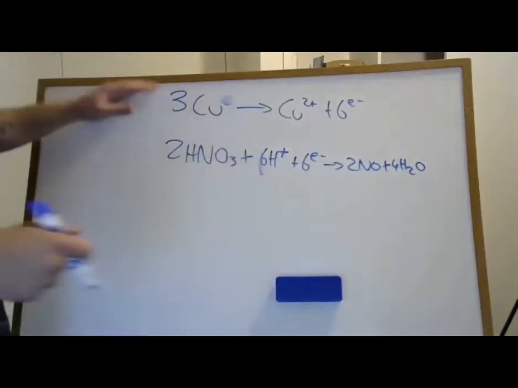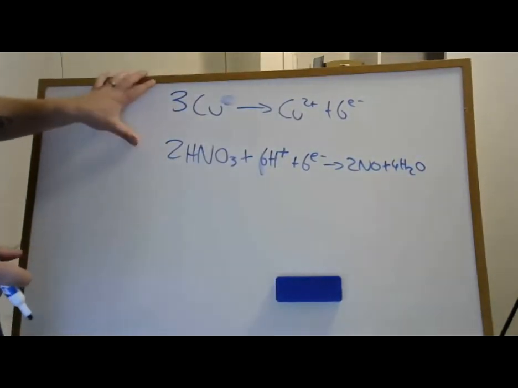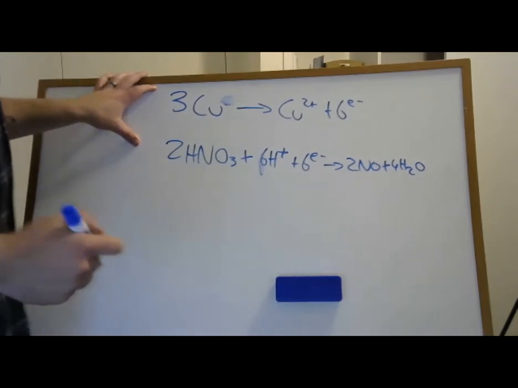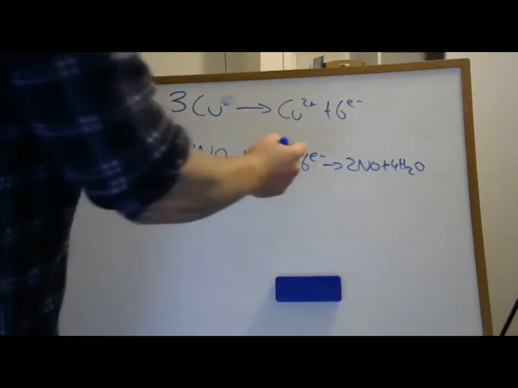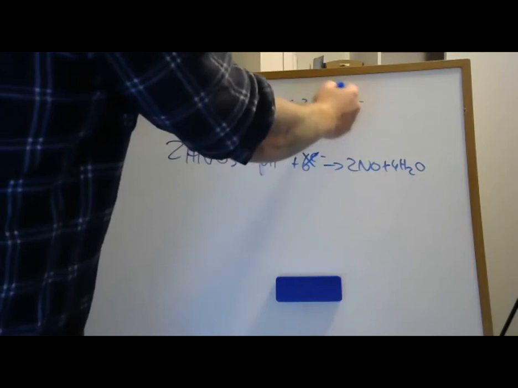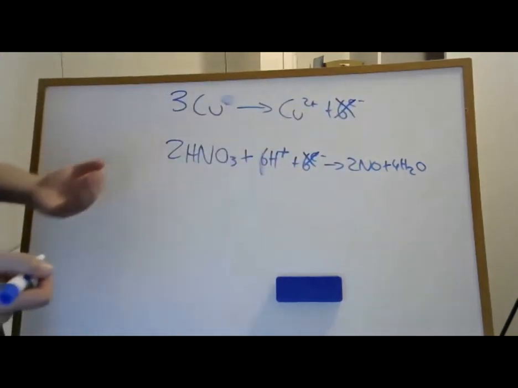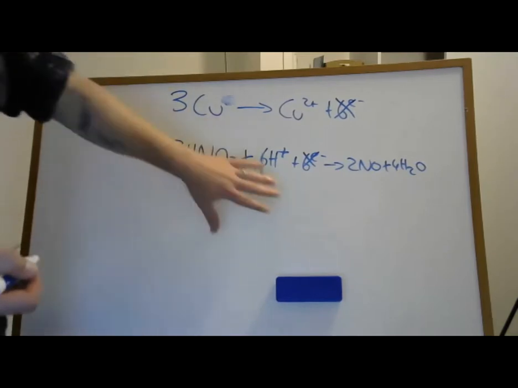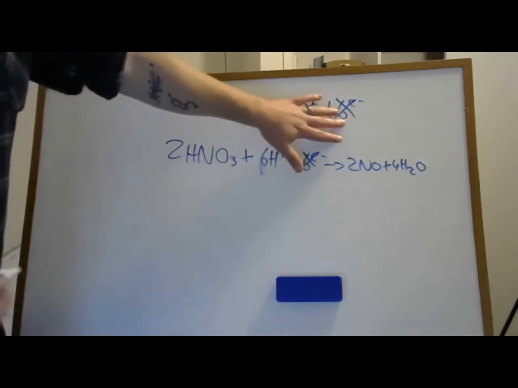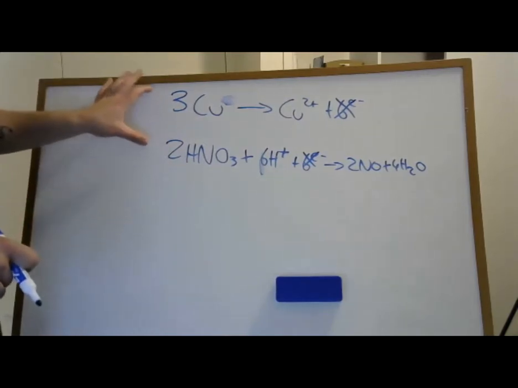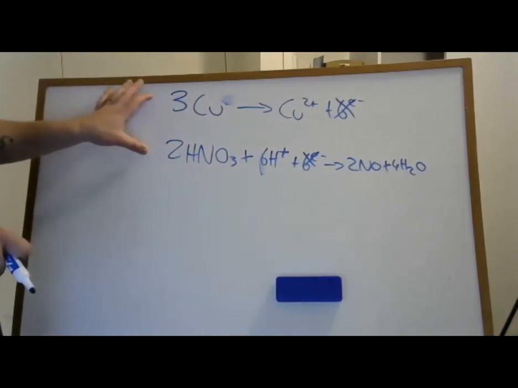So what we need to do is combine these together. We've got 6 electrons on both sides, so they cancel out. We don't need them. So if there's 6 electrons here, 6 electrons here, they don't need to appear. So we need to combine these back into one normal equation.